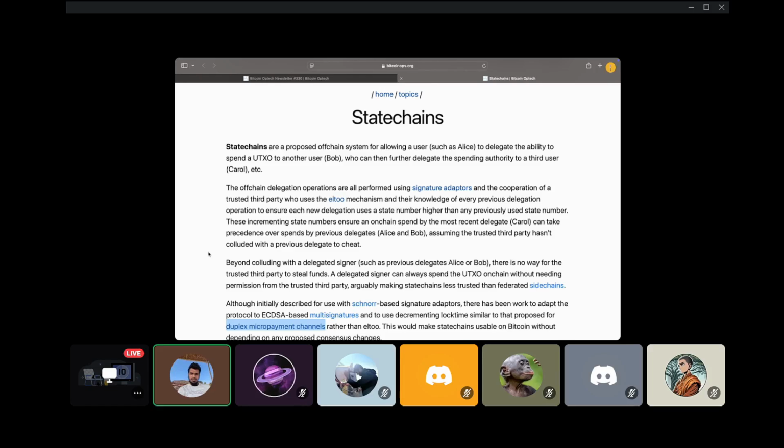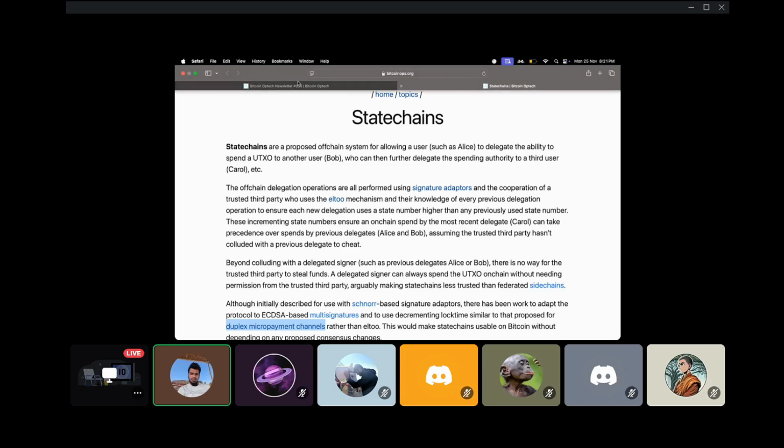And the existing owner of the UTXO, as per the final state, has the option to opt out of the state chain and go on the mainnet, thereby making it less trusted than federated side chains. At the same time, the delegation is done with the cooperation of this third party. So this is what state chains are.